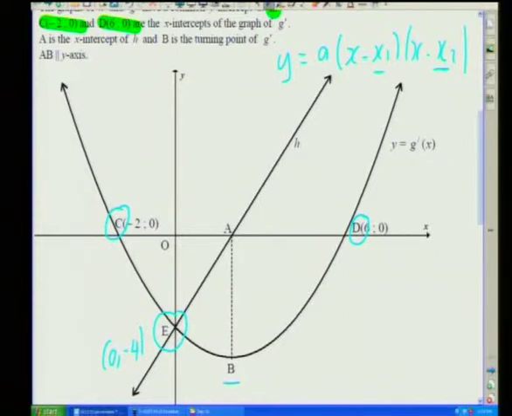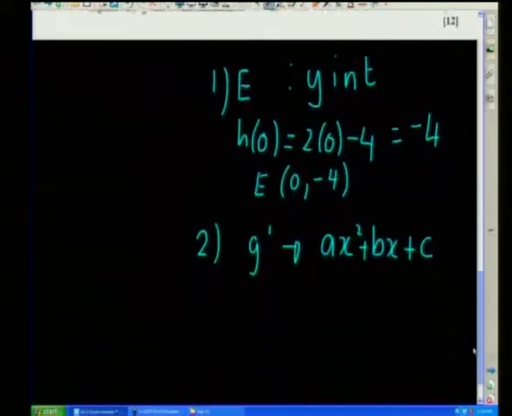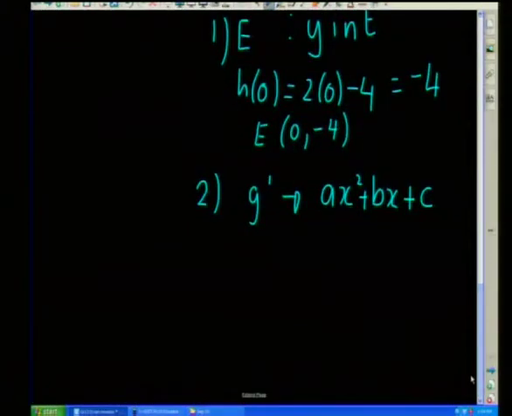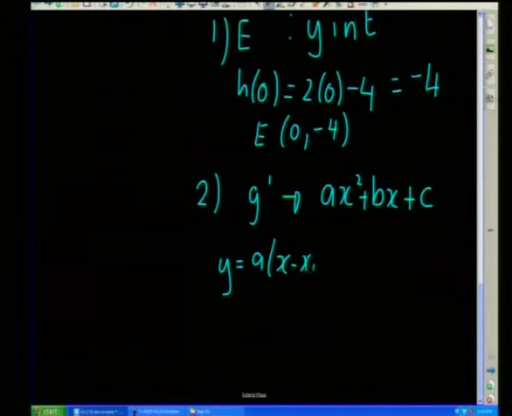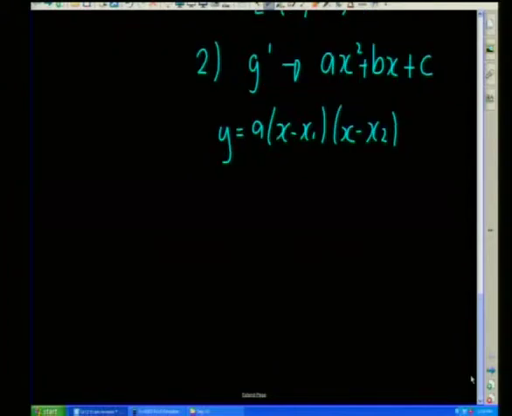So we've got x-intercepts and another point on the graph, therefore we can use that formula. All right, so we've got y is equal to a. And remember, we don't know what a is, so the point of using this formula is to help us find out what the value of a is. Once we have the value of a, we'll be able to find the equation.